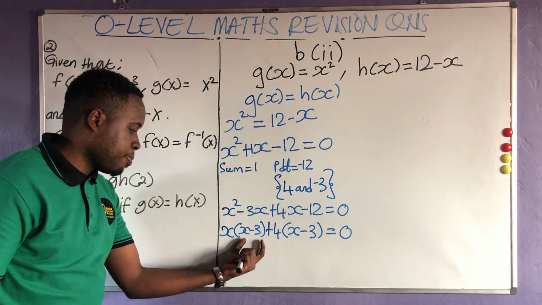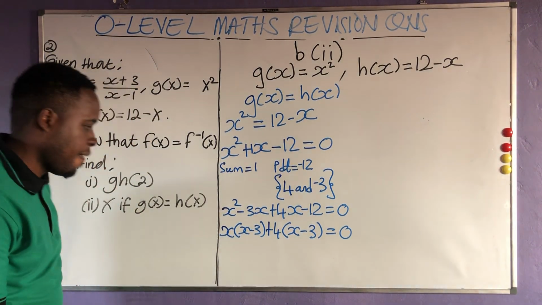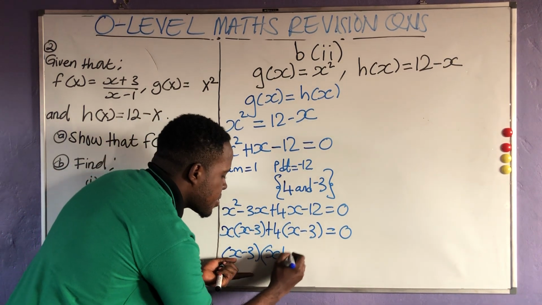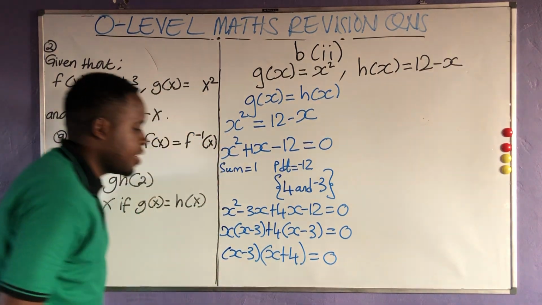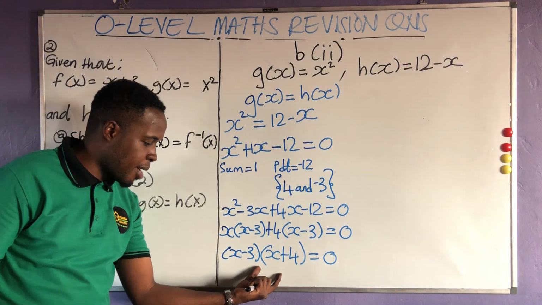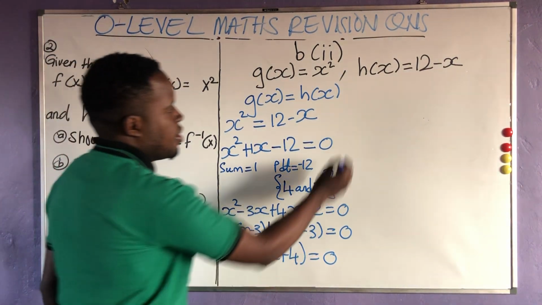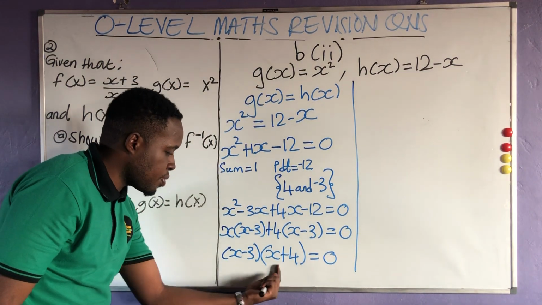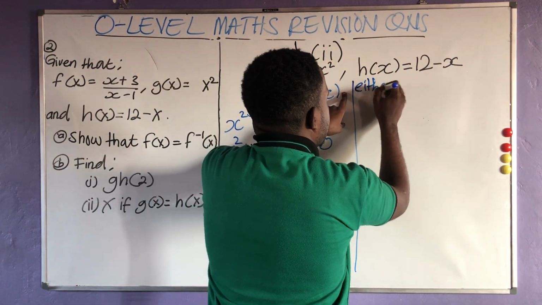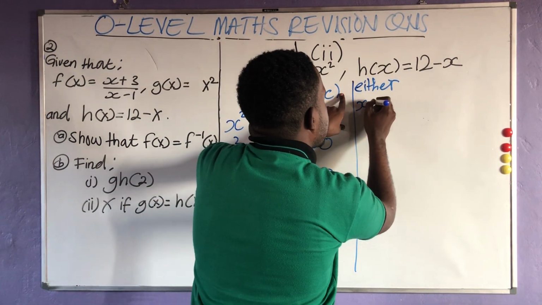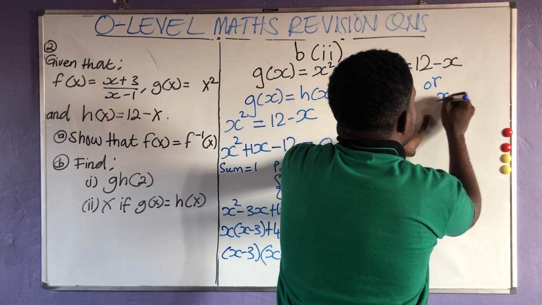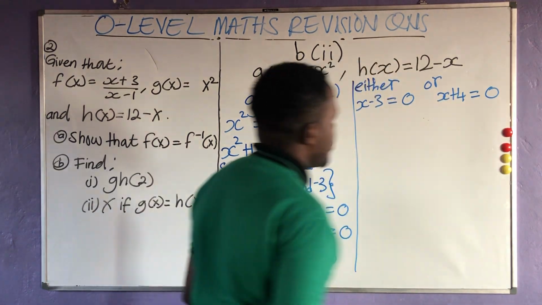So here, friends, still we shall pull out the common factor, which is x minus 3, such that when we pull it out, we shall have x minus 3 into x plus 4 being equivalent to 0. When we reach here, we shall use the zero product rule, whereby we can say that since the product of these two expressions is giving us 0, it means that either x minus 3 is equal to 0, or x plus 4 is equivalent to 0.